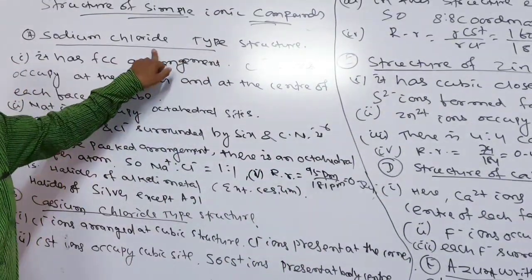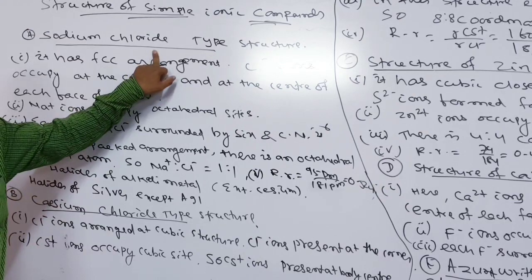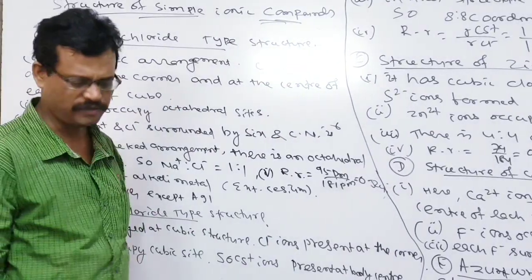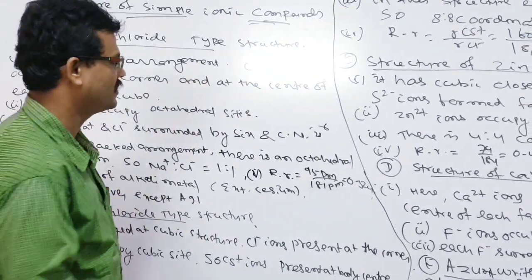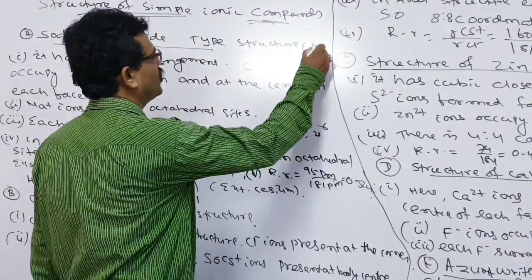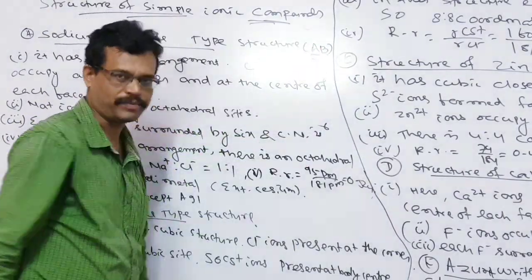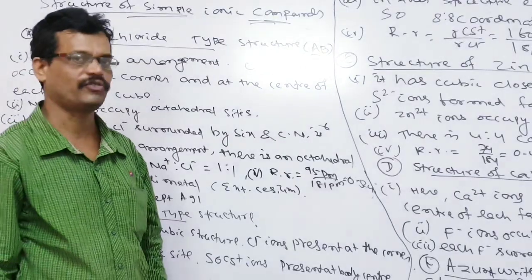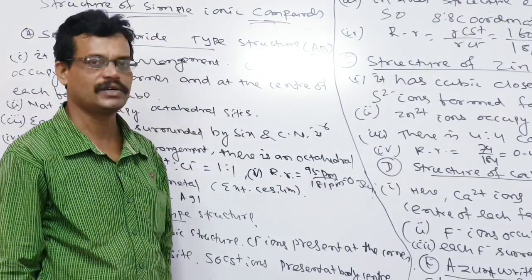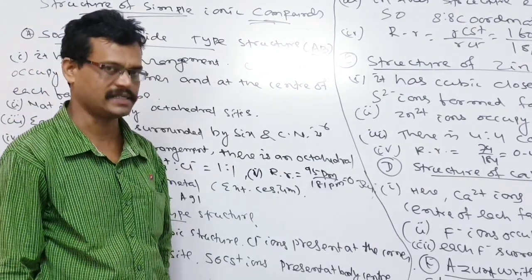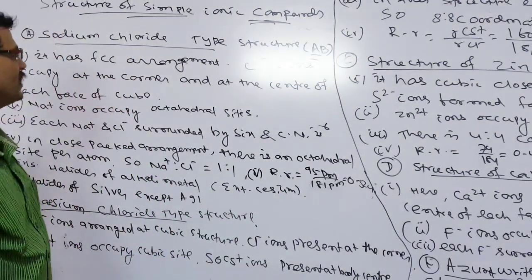First of all, we come to the sodium chloride type of structure. It is the most common type, where the ionic solids have the AB type structure, with 1 cation and 1 anion.